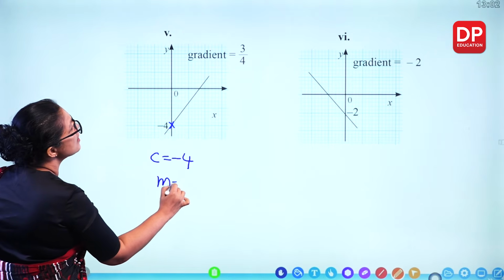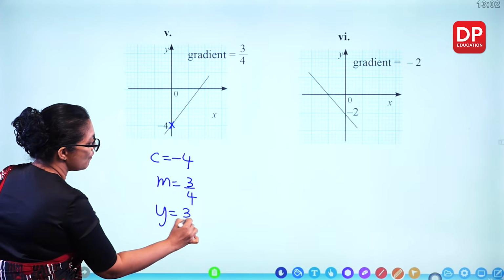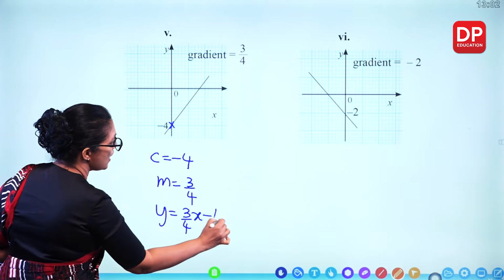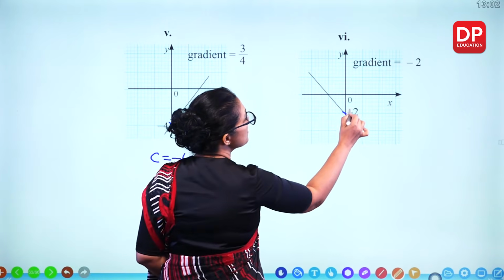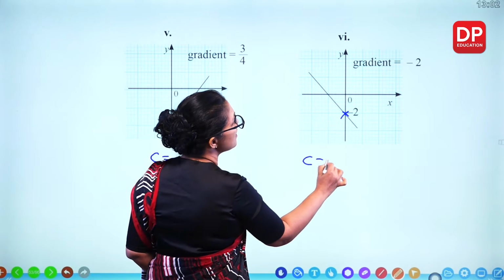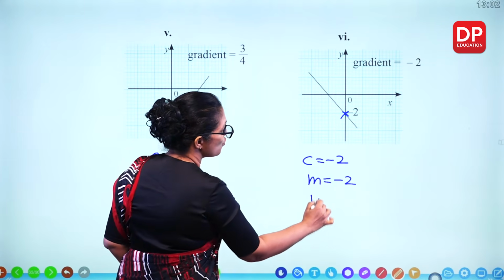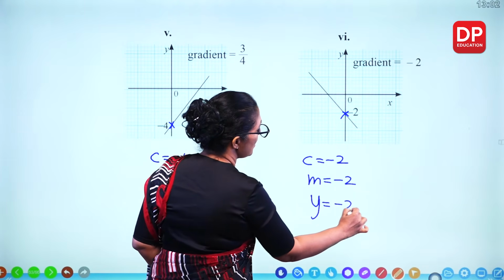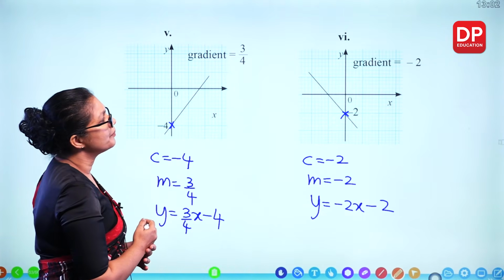Slope is, gradient is 3 over 4. What's the equation? 3/4 x minus 4. In this one, y-intercept is minus 2. Gradient is minus 2. So what's the equation? Minus 2x minus 2.